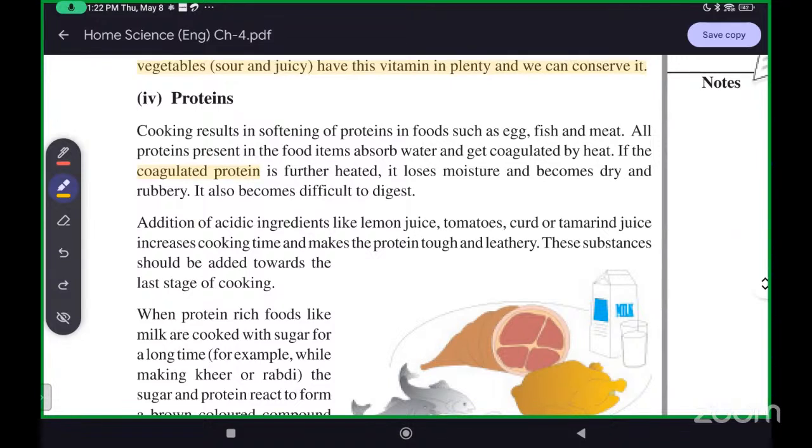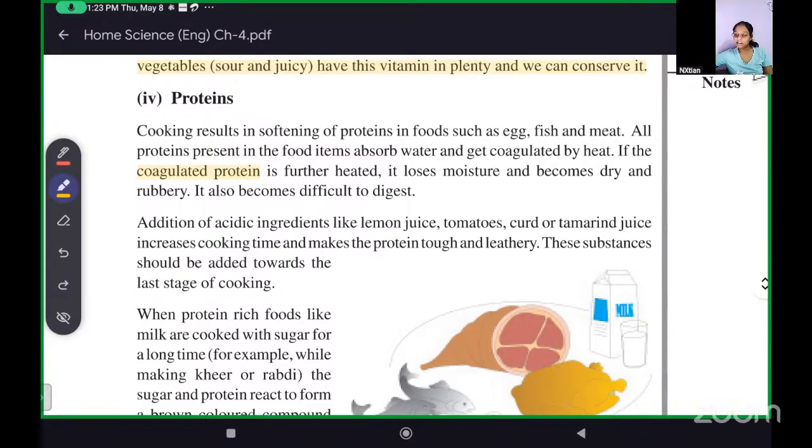Do you know that all these substances are acidic in nature? Have you studied a little bit about acidic and basic substances? Acidic substances have the qualities of an acid. So lemon juice, tomatoes, curd, and tamarind juice are all acidic.